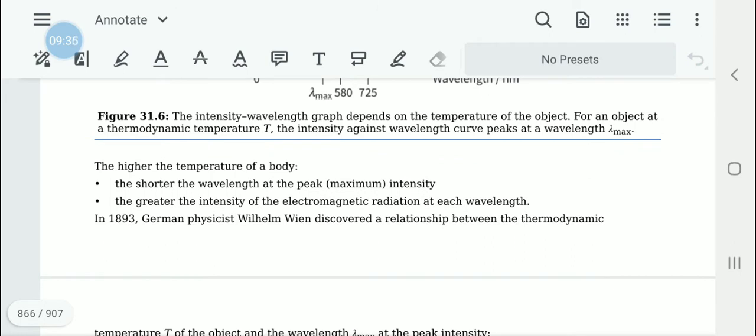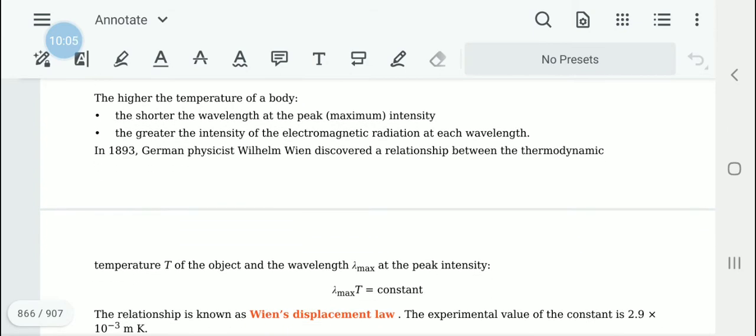Now the features that we can understand from this is, the higher the temperature of a body, the shorter would be its wavelength at the maximum intensity. Then the higher the temperature of a body, the greater the intensity of the electromagnetic radiation at each wavelength. So these are characteristic properties when it comes to these hot objects.